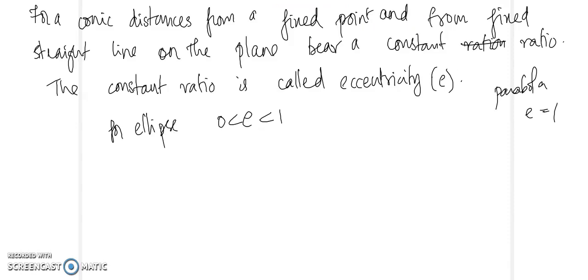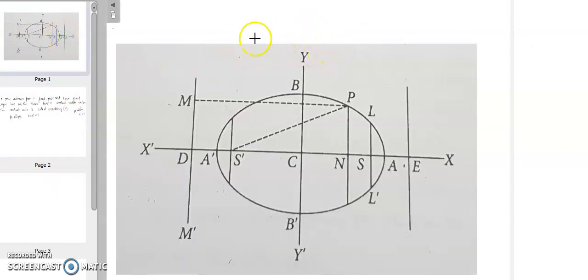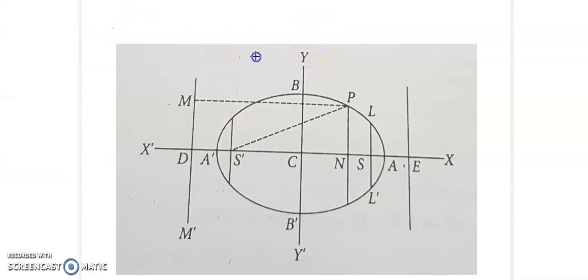So before that, from the figure, we will look at what all quantities are given here. Here you have the points S and S dash. അപ്പോൾ നമ്മൾ എലിപ്സിന്റെ കേസിൽ രണ്ട് ഫോക്കസ് ഉണ്ട്. So these two are the focus of the ellipse.